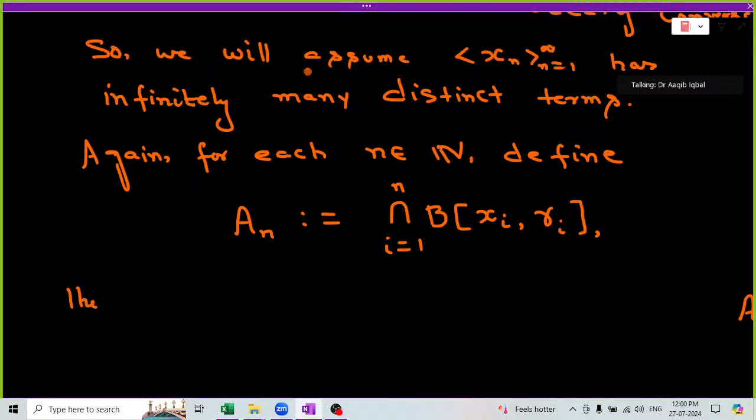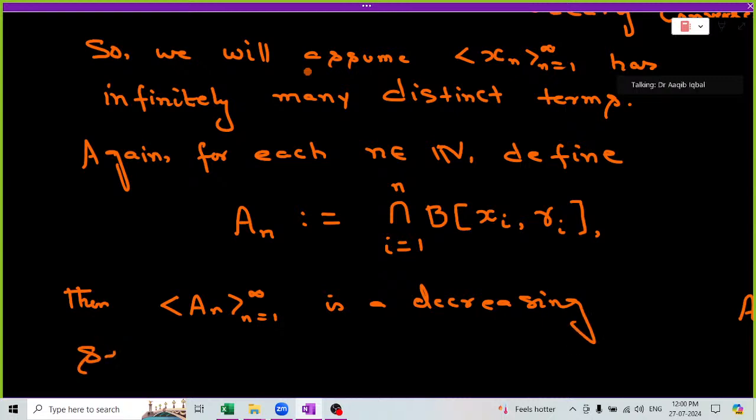AN, running from 1 to infinity, is a decreasing sequence of non-empty sets in script AX.